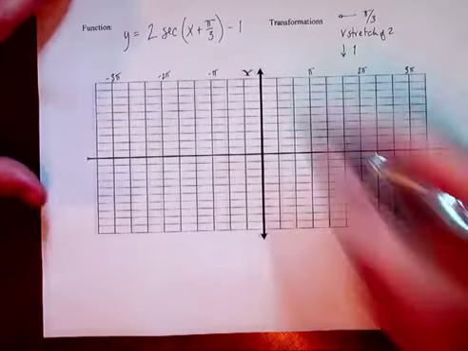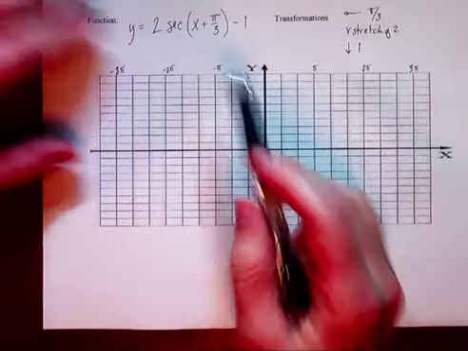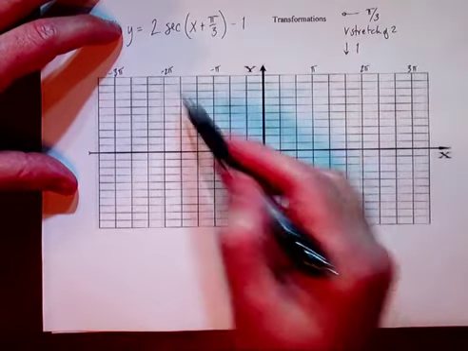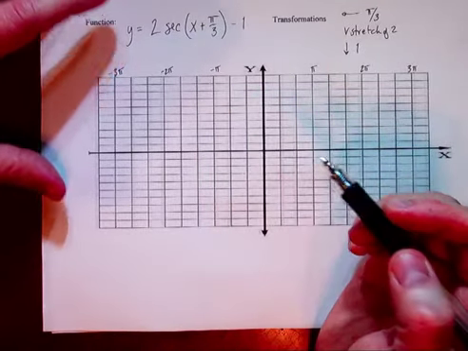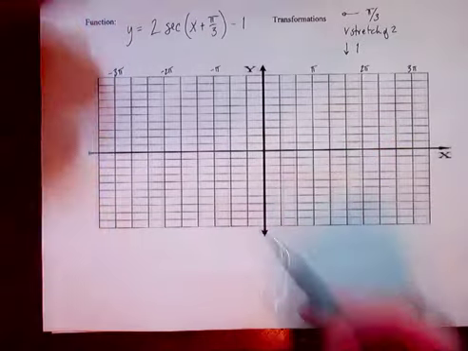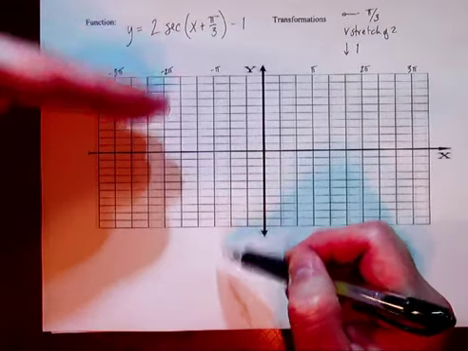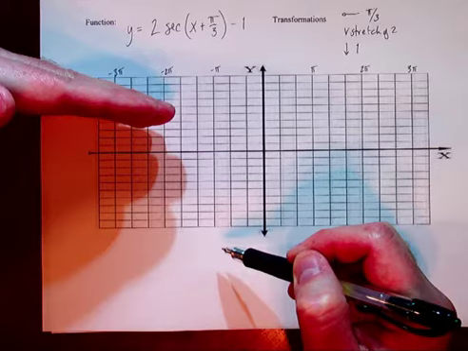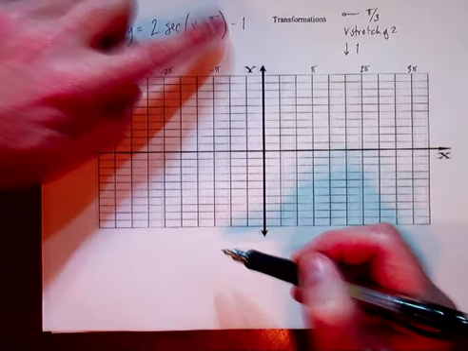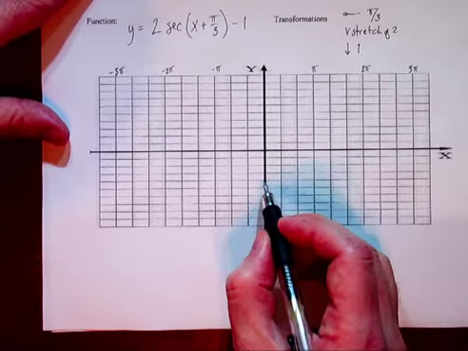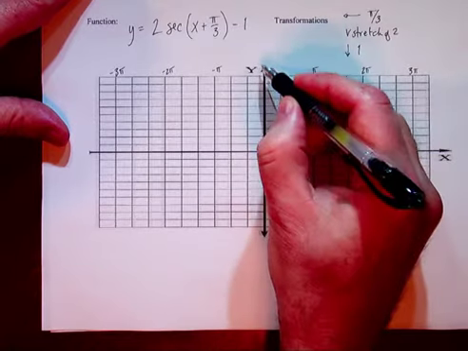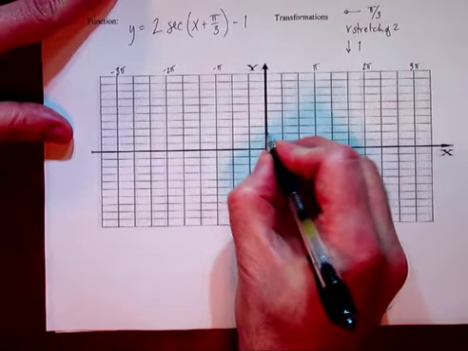But on the y, because the minimums that are up here are at 1 on the parent, they get stretched to 2 and -2, and then it drops down to 1 and -3 when you drop it down 1. And the usual scaling that we do where it goes from -2.5 to +2.5 is just not going to show enough of the graph.